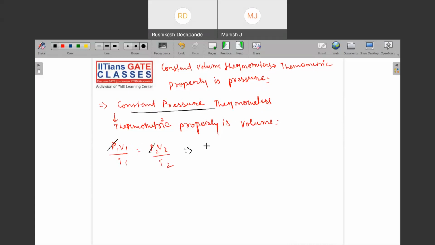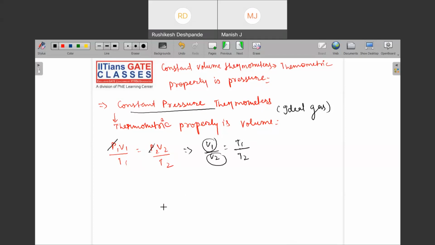So the equation becomes V1 upon V2 is T1 upon T2. If I know the volume at two instances, V1 and V2, then I can know the temperatures using constant pressure thermometers. We are writing these equations for ideal gas; these are ideal gas thermometers.